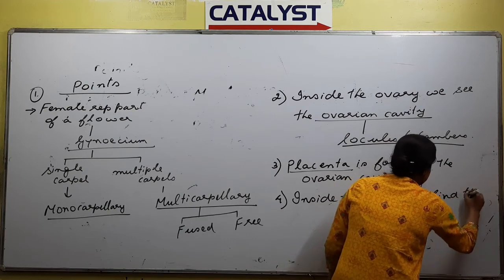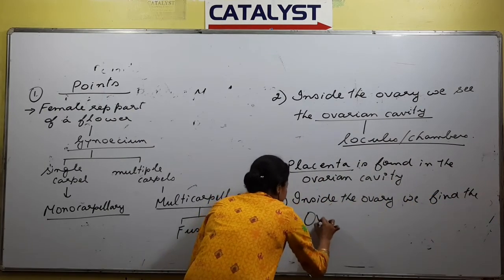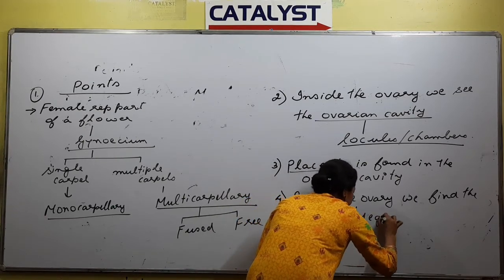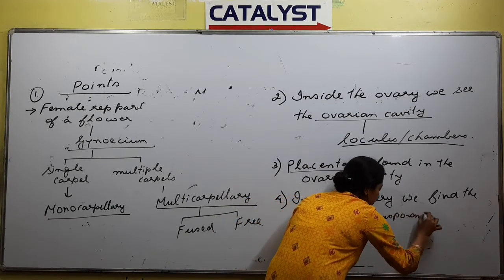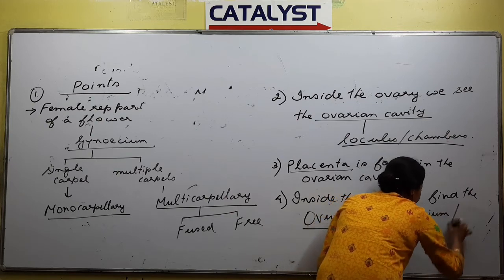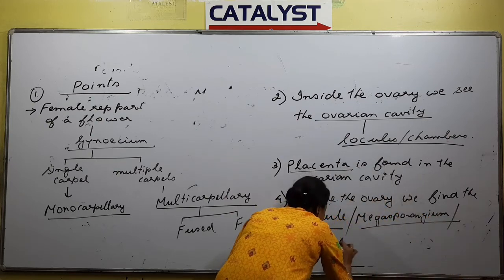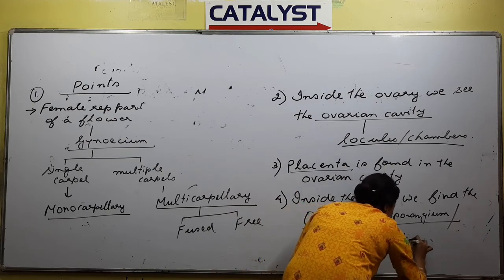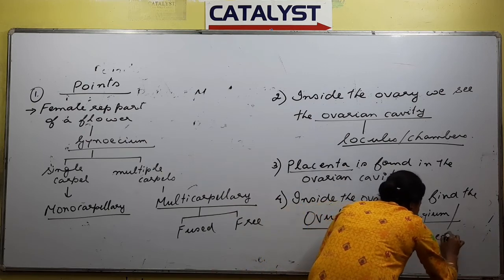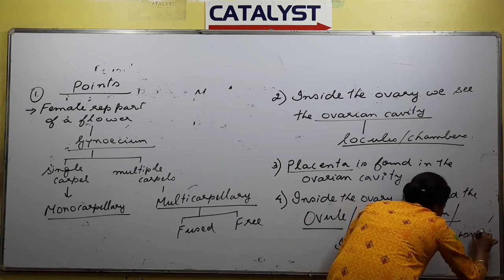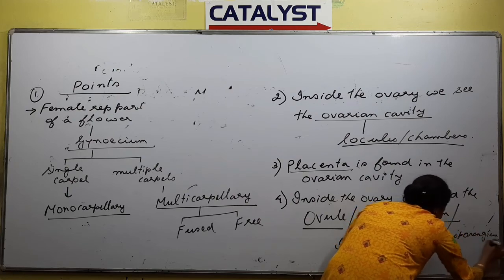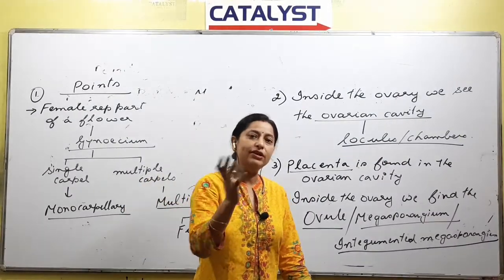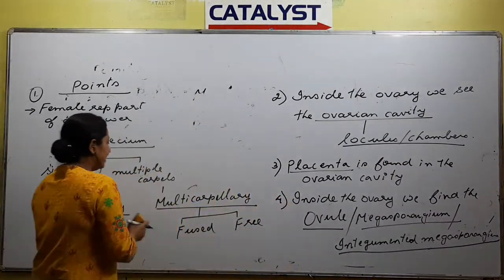The ovule has another name, megasporangium, or it is also called an integumented megasporangium. Integumented megasporangium comes from the presence of the integuments. So it is called an integumented megasporangium.